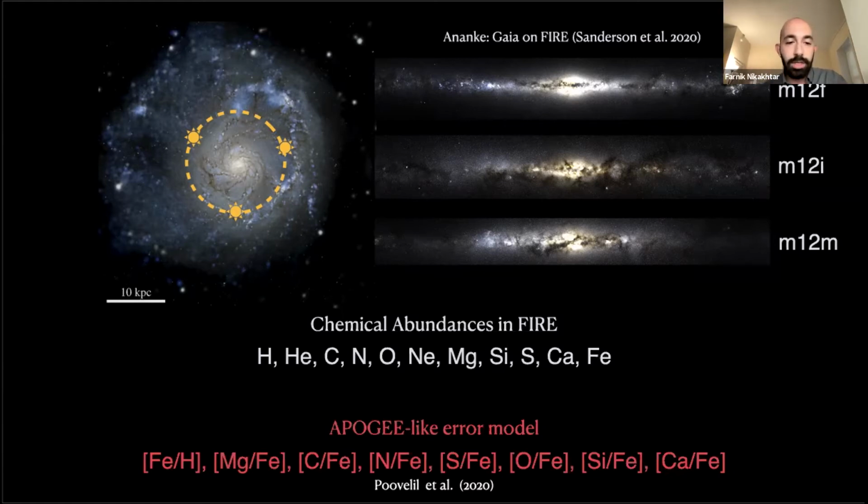In FIRE simulations, there are 11 elements tracked with 3 sources of chemical enrichment: type 1 supernovae, type 2, and winds. For our paper, we implemented the APOGEE error models for these 8 elements on top of the surveys. Our Gaia-APOGEE mock catalogs, based on the FIRE simulations, will be publicly available as a value-added catalog to SDSS data release 17, I think, in a few months.